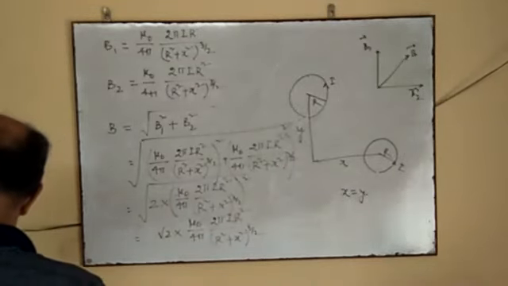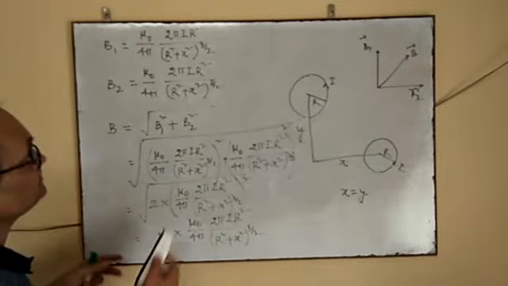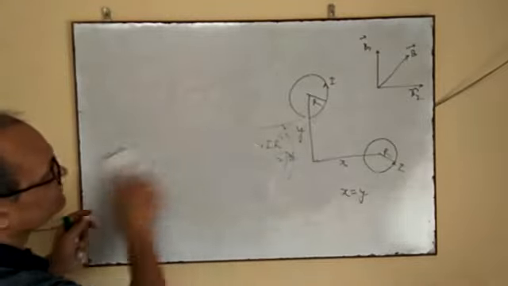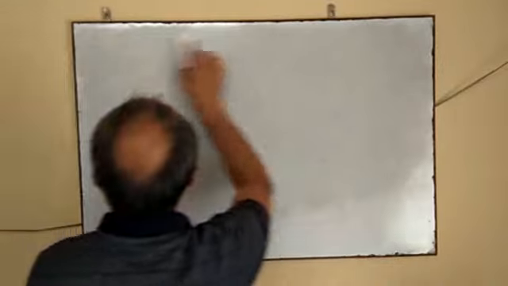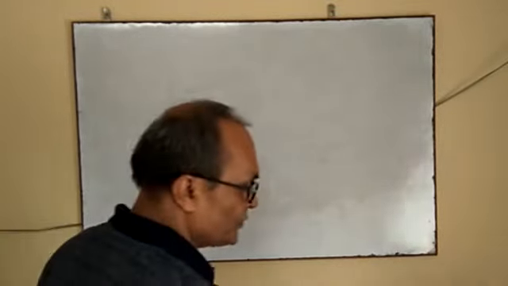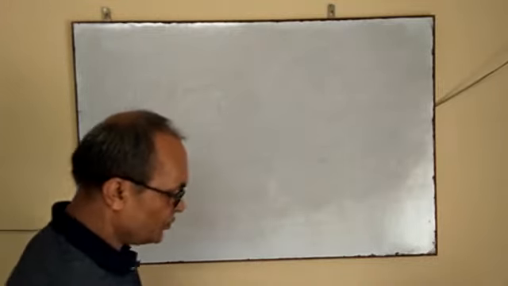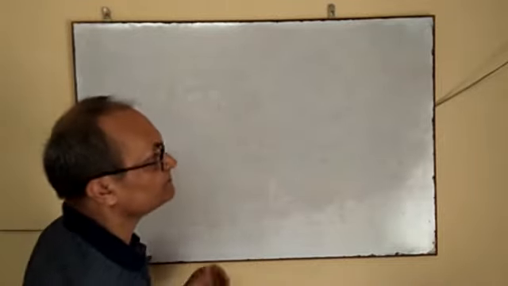Now I am going to discuss here one numerical. Suppose we have a circular loop through which some current is flowing.